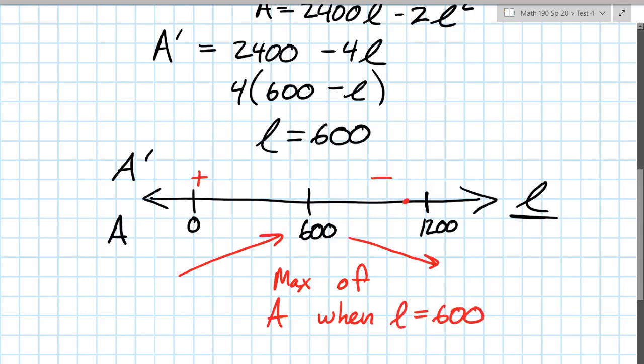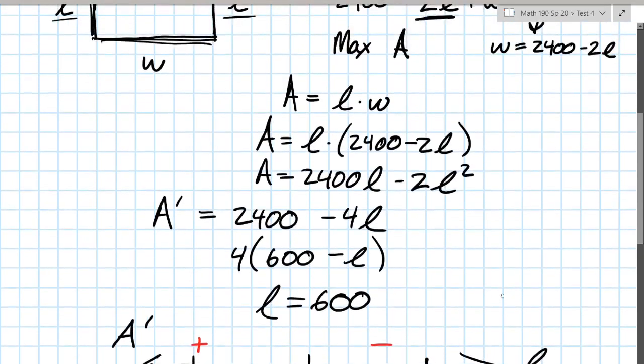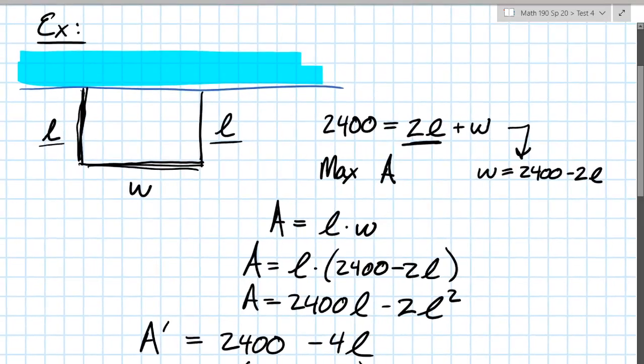Let's read the question again to make sure we have what we want. What are the dimensions of the field that has the largest area? So we have half of the answer. We have the length. The other dimension that we need is the width. If we scroll back up, we have an equation for the length and the width.